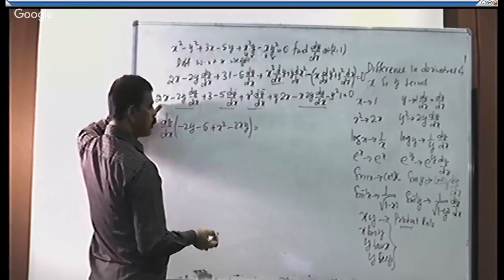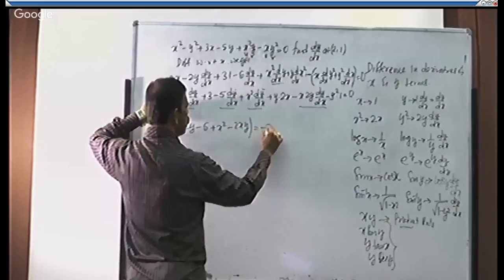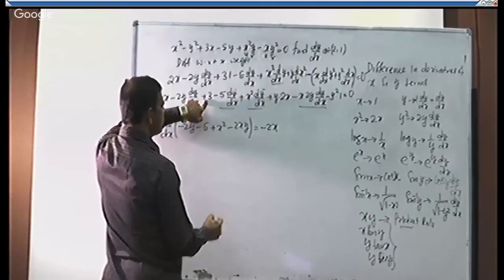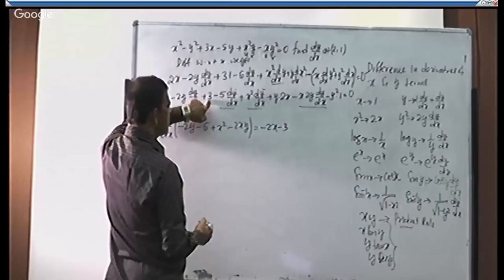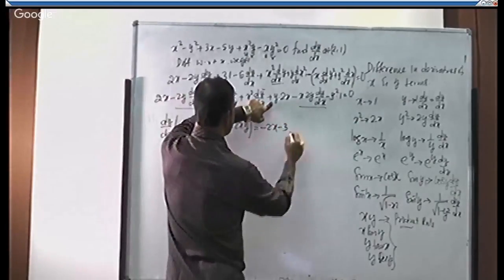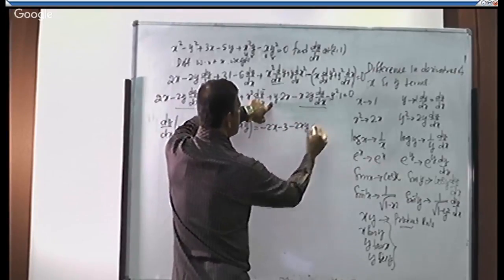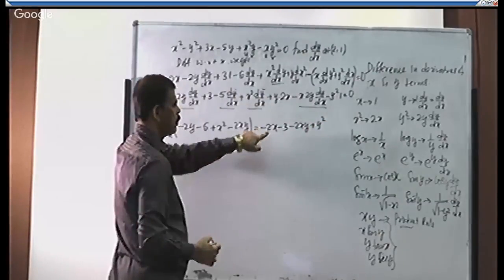This is not having dy by dx, you take it to the right side, it becomes minus 2x. This is not having dy by dx, take it to the right side, plus 3 becomes minus 3. And this becomes minus 2xy plus y square. Got it?